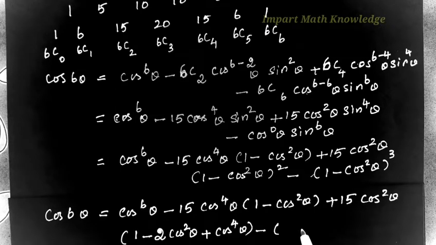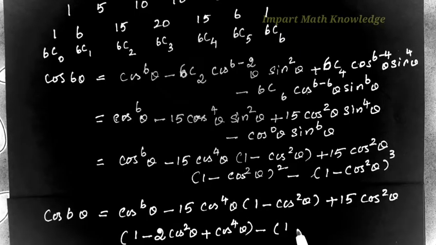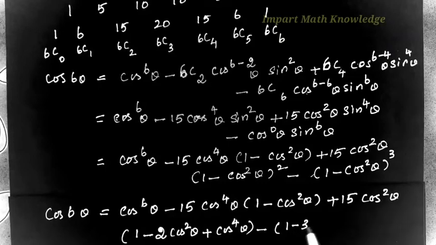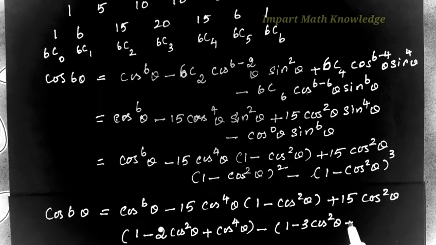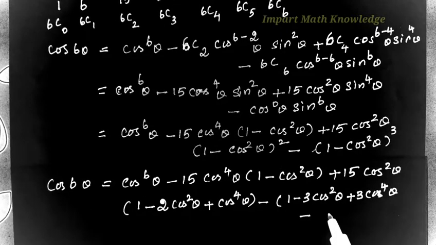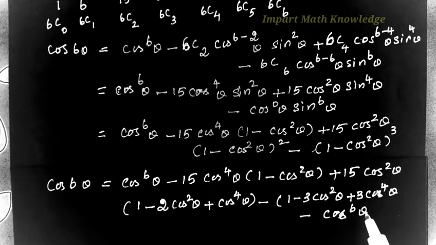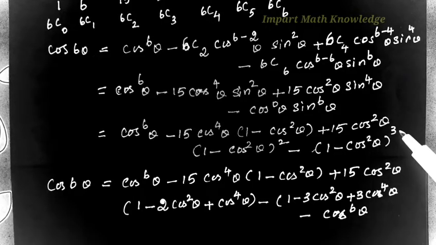Minus, expanding 1 minus cos square theta whole cube using a minus b whole cube, that is a cube minus 3 a square b plus 3 a b square minus b cube. A square is 1, b value is cos square theta; a value is 1, b square is cos power 4 theta; b cube, that is cos power 6 theta. Cos square theta power 3 is cos 6 theta.